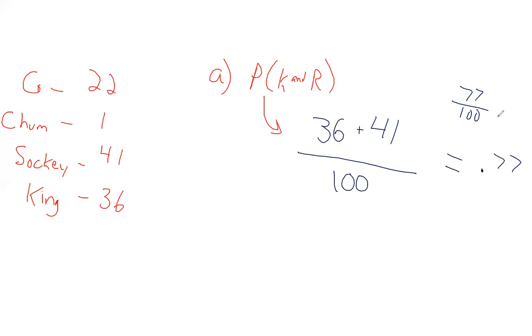So we had to do a fraction and a percent. Remember to change to a percent when we have a decimal. We just have to move it 2 spaces to the right. 1, 2. So 77% of the survey respondents said their favorite was sockeye or king. Okay, so that's part A.